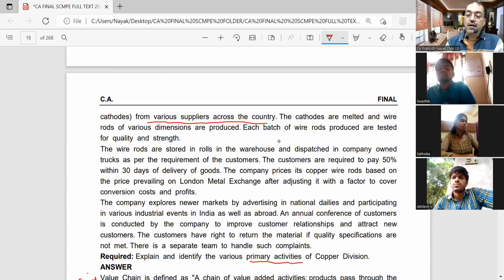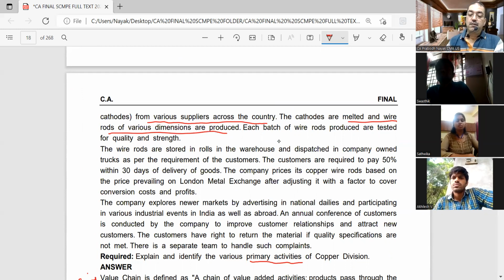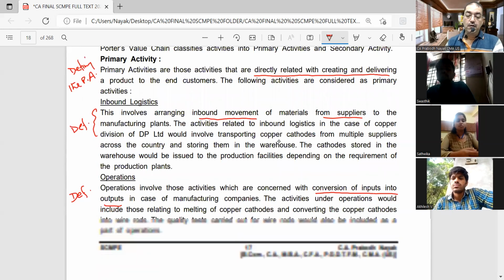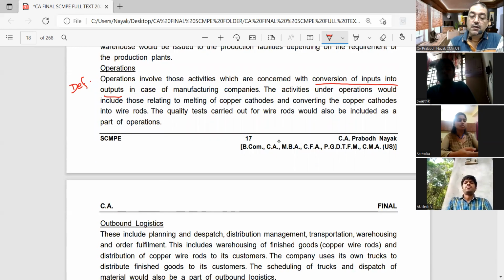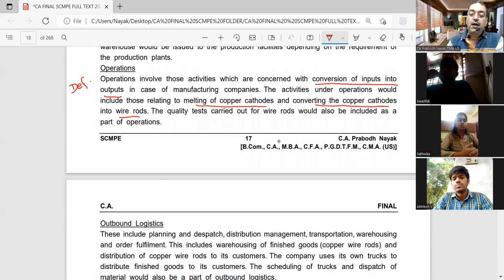It was melting of the wires, testing of those wires for quality and strength, storage of those wires in the warehouses. So activities would involve melting of copper cathodes, converting the copper cathodes into wire rods, quality tests conducted. All these are part of operational activities.